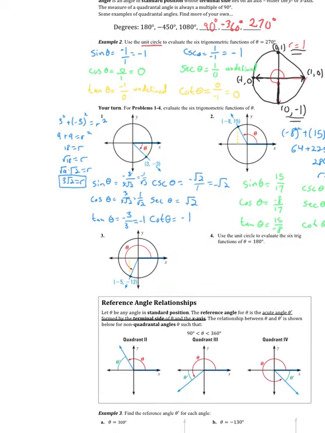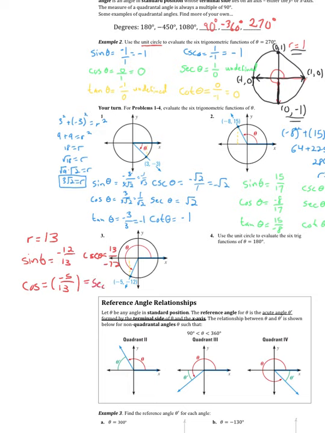So for problem 3, the radius should come out to 13 when we run our calculations. So the sine is -12/13. That means the cosecant of theta is going to be 13 over -12. Cosine is going to be -5 over 13.